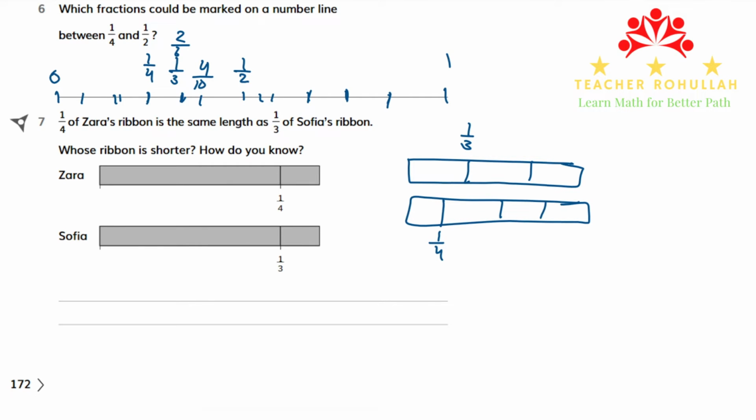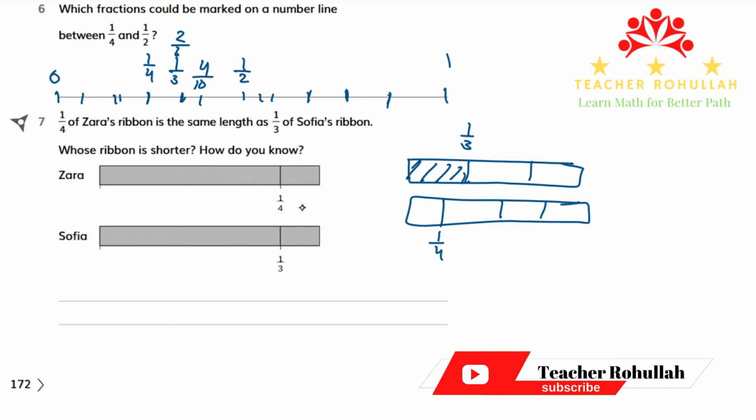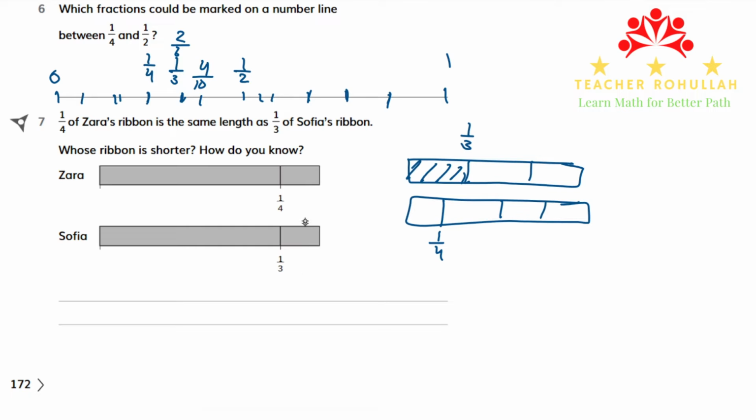When two same-sized ribbons are cut into 3 and 4 equal parts, then 1/3 is bigger than 1/4. But here, 1/4 is the same as 1/3 of Sophia's ribbon. So in this case, we can say Zara's ribbon is longer than Sophia's ribbon. Here it says, whose ribbon is shorter? How do you know?